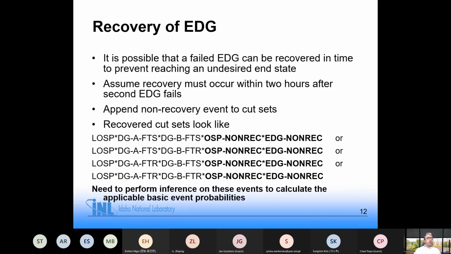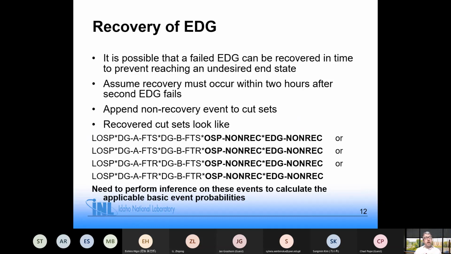Okay. Again, if we wanted to put recovery of a diesel generator, what we would do is take those cut sets and change them to look something like this, where we would have more details. And so the first new variable here would be offsite power non-recovery. In other words, the probability that we do not recover offsite power in 6 hours.